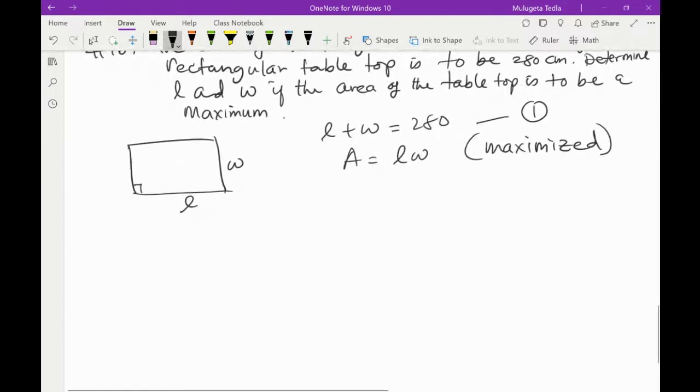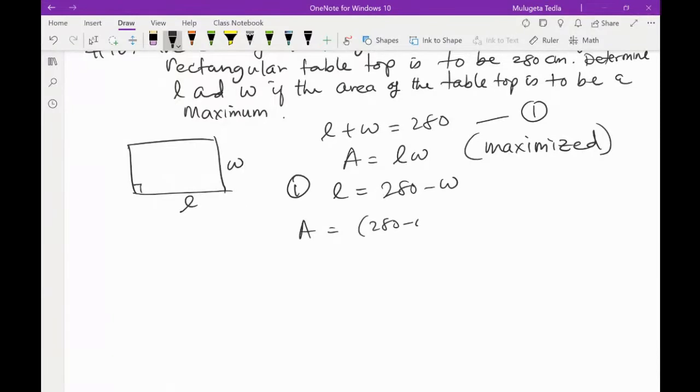It's always better to deal with one variable, so I can express the area with either the length or the width. From equation 1, the length is 280 minus width.